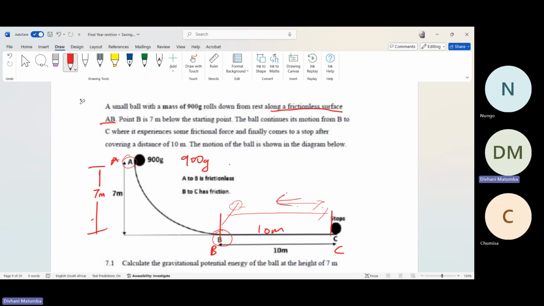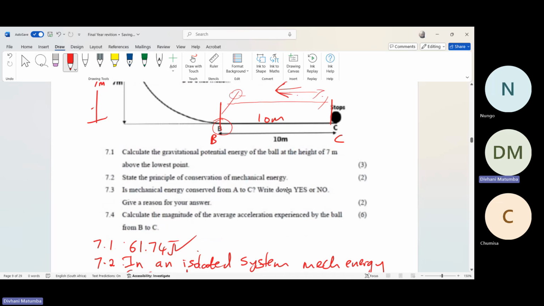That means it will be consuming the mechanical energy, and the mechanical energy won't be conserved. Okay, that's fine. So the mechanical energy is not conserved from A to C because between B and C, there was friction. Not conserved.